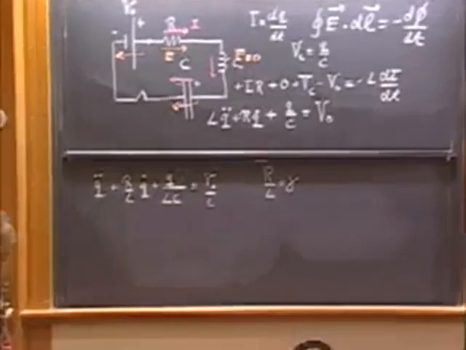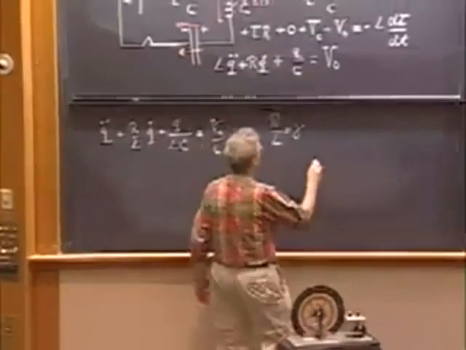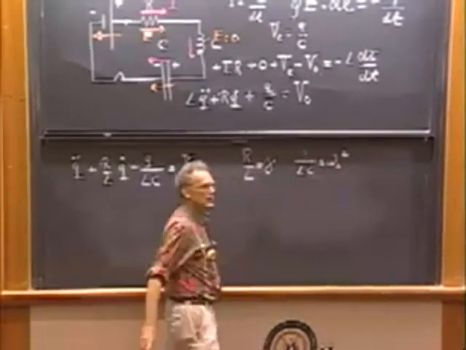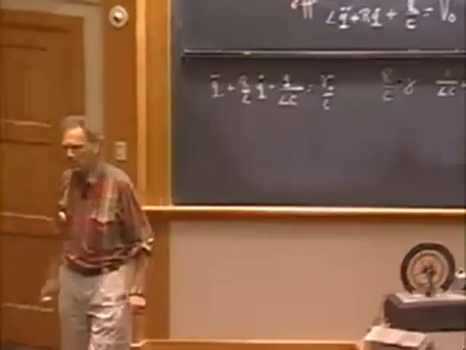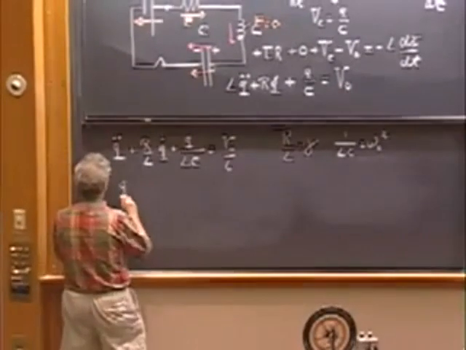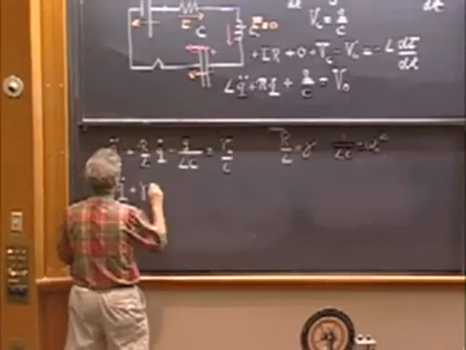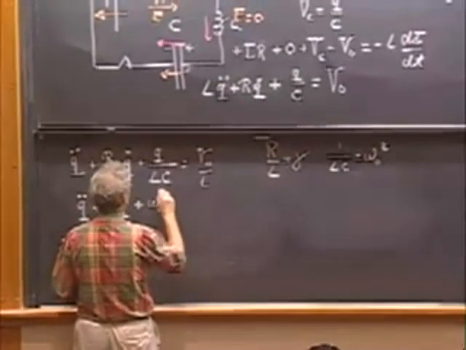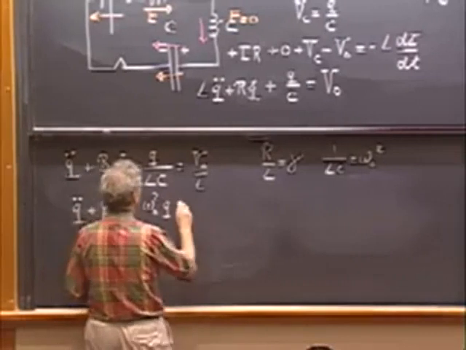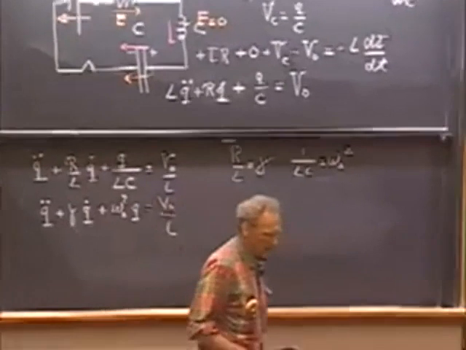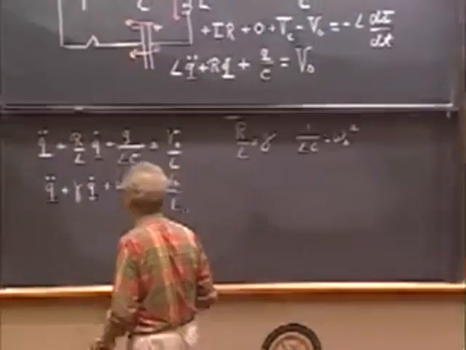You will see very shortly why we do that. And 1 over LC is omega 0 squared. And when we do that, we get an equation which is almost identical to the one we had on the blackboard for the spring. We get Q double dot plus gamma times Q dot plus omega 0 squared times Q equals V0 divided by L. And now we have to solve this differential equation.